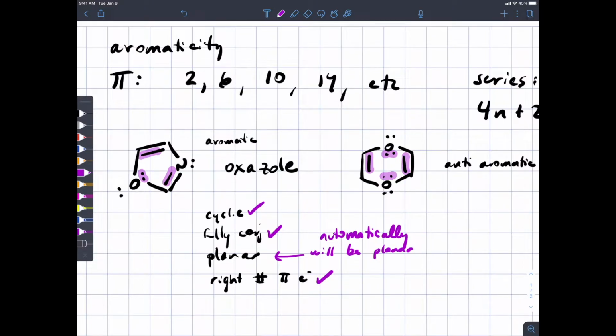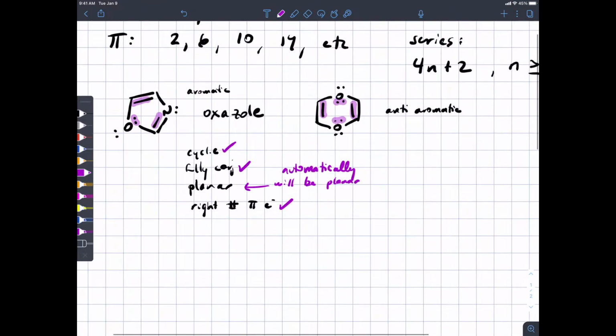Okay, other questions? If it's not aromatic, does that instantly mean it's anti-aromatic? No. This molecule here is simply not aromatic. It doesn't even have any conjugation. So there are three kinds of molecules: aromatic, anti-aromatic, and just plain old not aromatic.